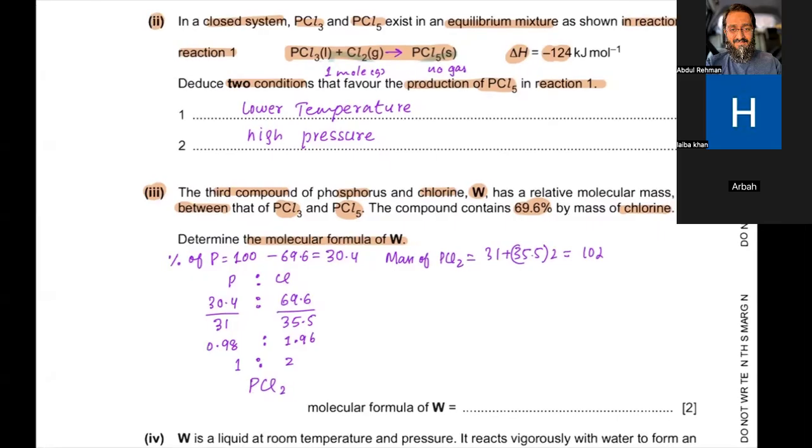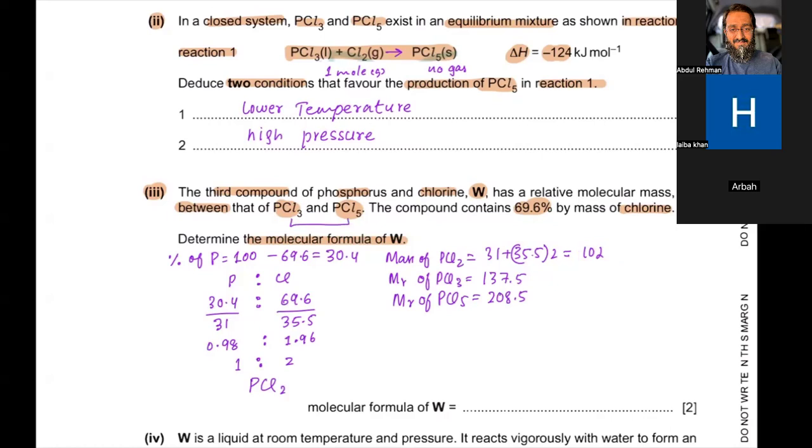Now, the Mr of PCl3 is 137.5 and the Mr of PCl5, so 5 chlorine, is 35.5 times 5, which is 142, plus 31 gives 208.5. So its Mr, as they have told you, is in between these two.